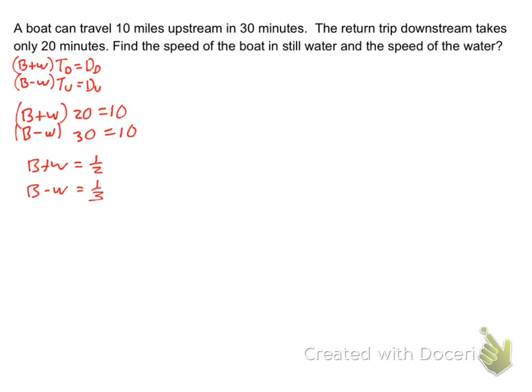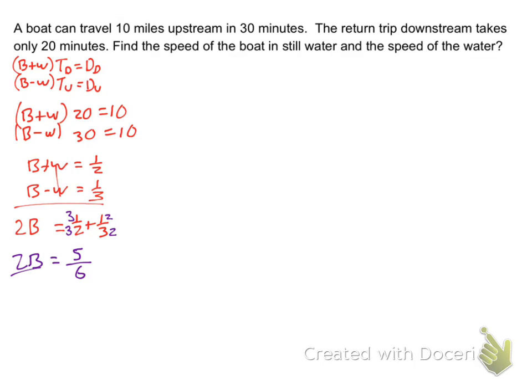I divided by the 20, divided by 30. That means add them up. 2B is equal to 1/2 plus 1/3. I'm putting it this way so that I can actually do some math and get a common denominator. 3 plus 2 is 5, 6.